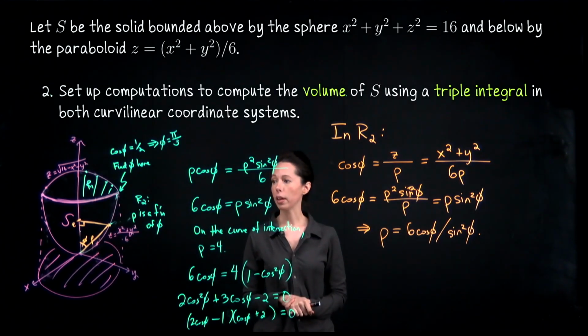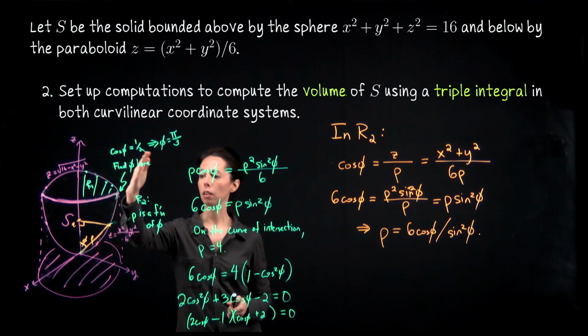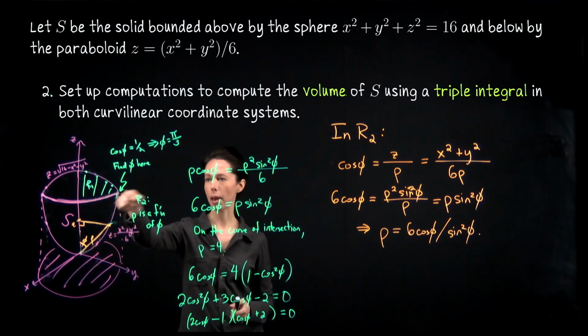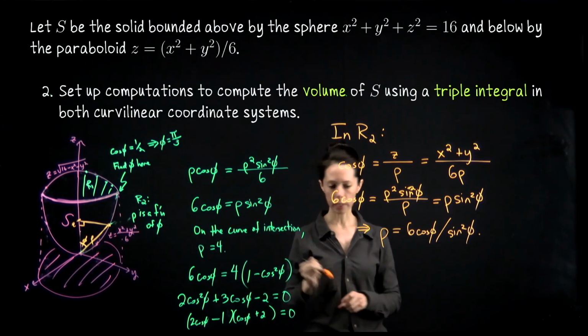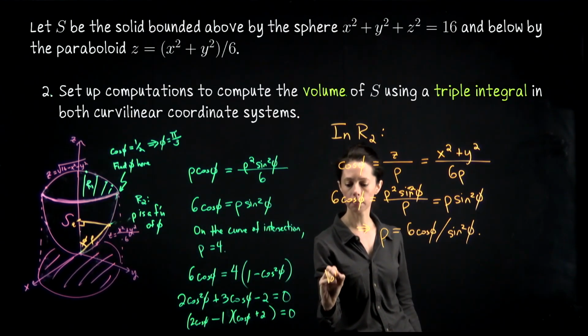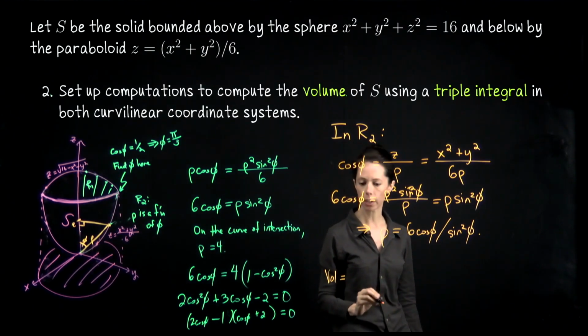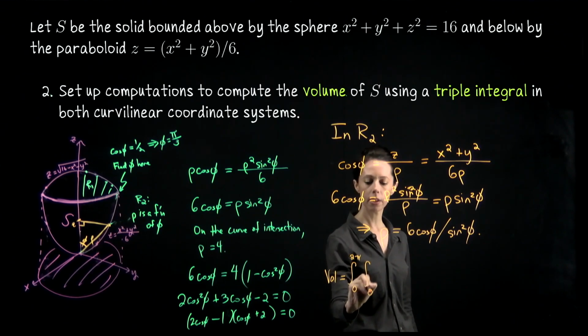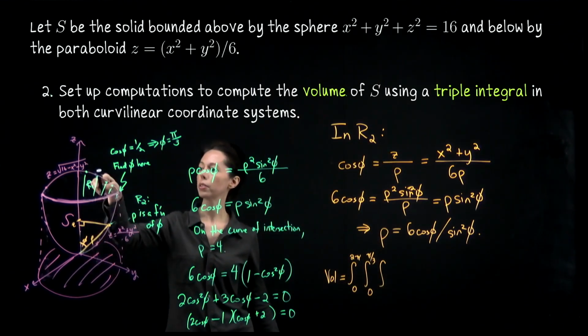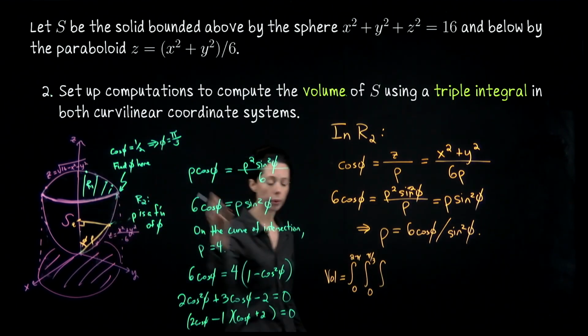We have everything now that we need to set up this volume. Because we're going to change our description along that ray that met the curve of intersection, I'm going to set up 2 volume computations. So we can now say that the volume of this region, I'll do the R1 first. For theta, it's 0 to 2 pi. For phi, it's 0 to pi over 3. And then for rho, in this region, it was always 0 to the edge, and the edge is the equation rho equals 4.